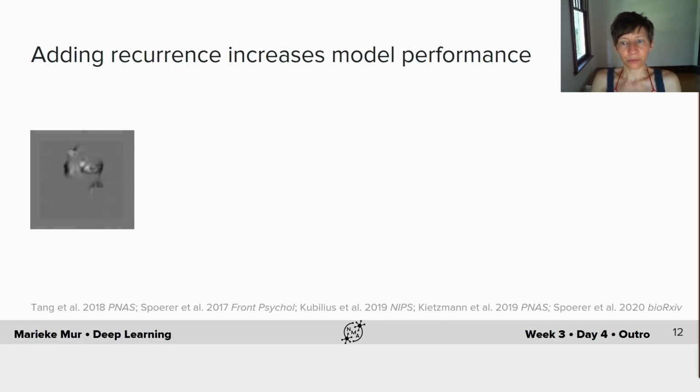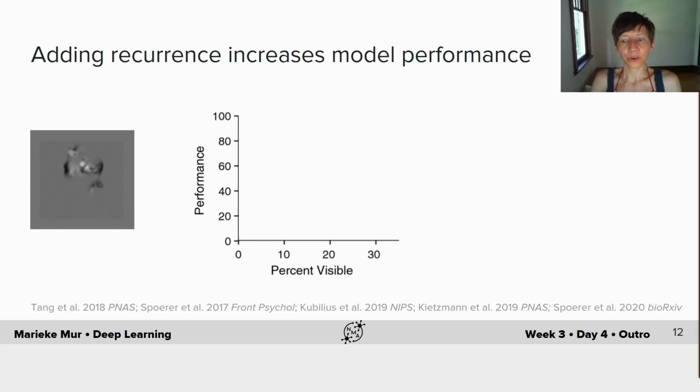This is an image from Tang and colleagues who compared AlexNet with human observers on a 5 alternative forced choice categorization task performed on partially occluded objects such as this one. The x-axis here shows the percentage of the object that is visible. The y-axis shows performance at the task. This is chance performance.